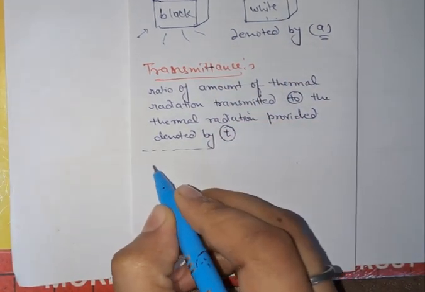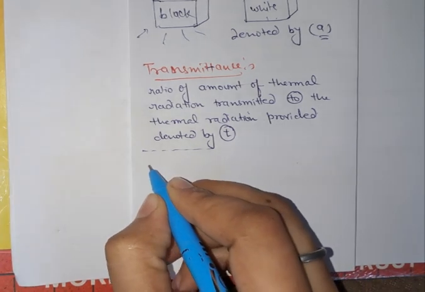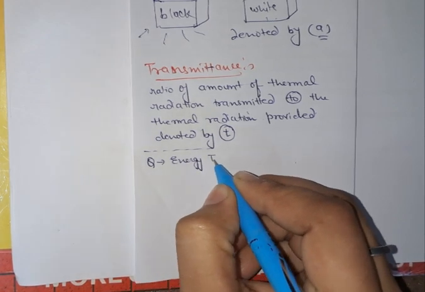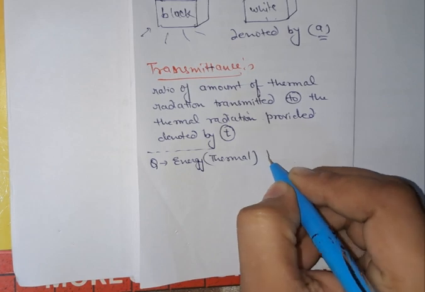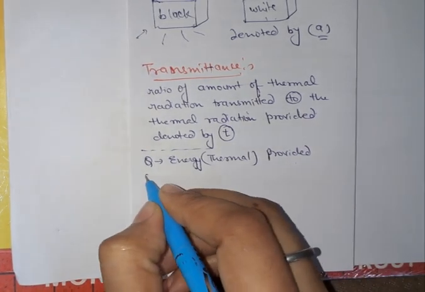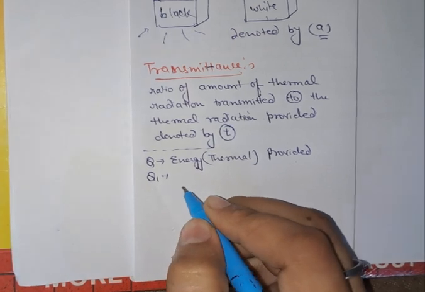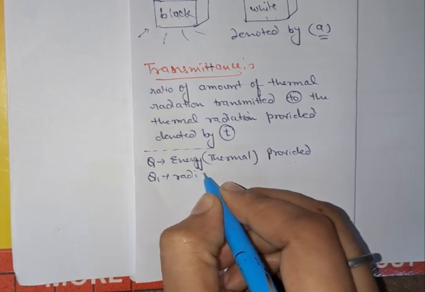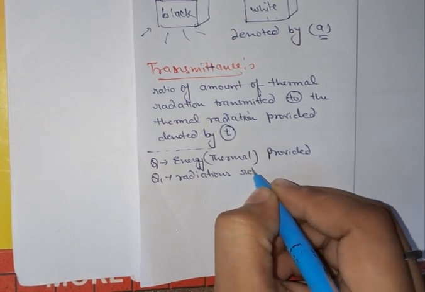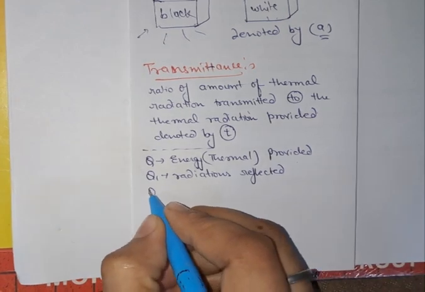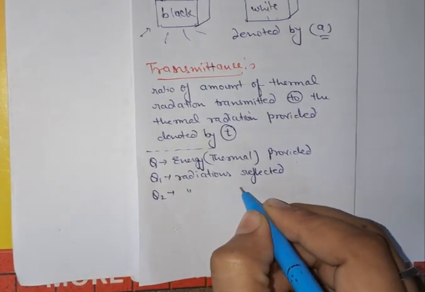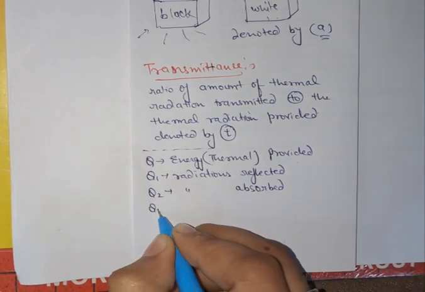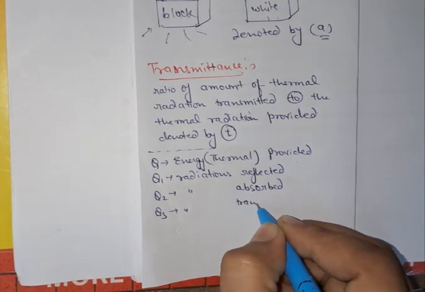Let us consider the amount of energy given, or provided, be Q. Let Q1 be the energy that is reflected, Q2 be the radiations absorbed, and Q3 be the radiations transmitted.